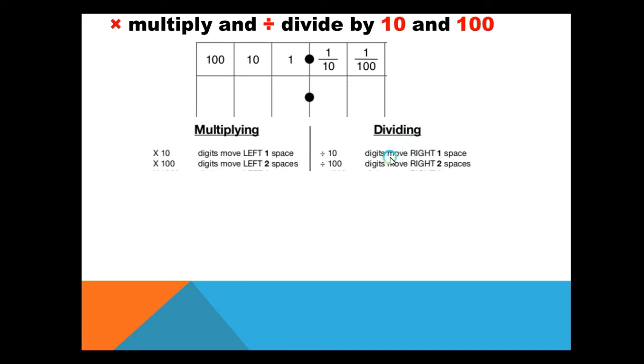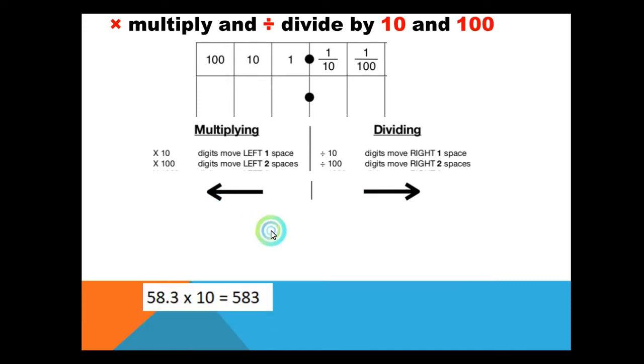When you are dividing, you move the digits 1 to the right, and here you move it 2 spaces to the right. You can see that this is your right and this is your left.